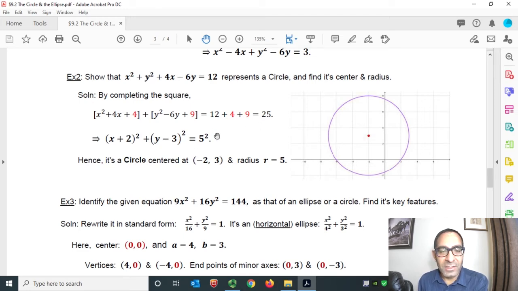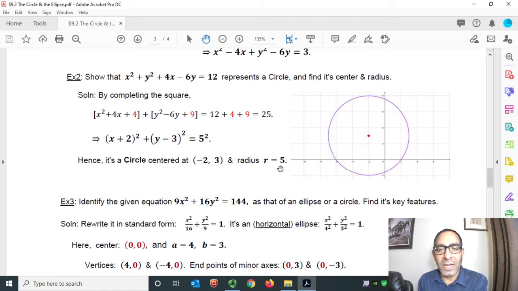Hence, comparing this last equation to the equation of a circle, x minus h square plus y minus k square equals r square, we got the center of the circle is minus 2, 3, and the radius is simply 5.